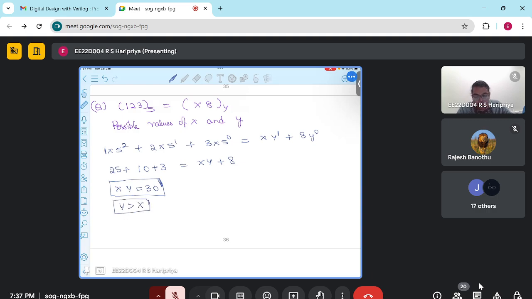So when trying to find the solutions, if x is equal to 1, y can be 30. If x is equal to 2, y can be 15. X is equal to 3, y can be 10. So these are the possible values for x and y.